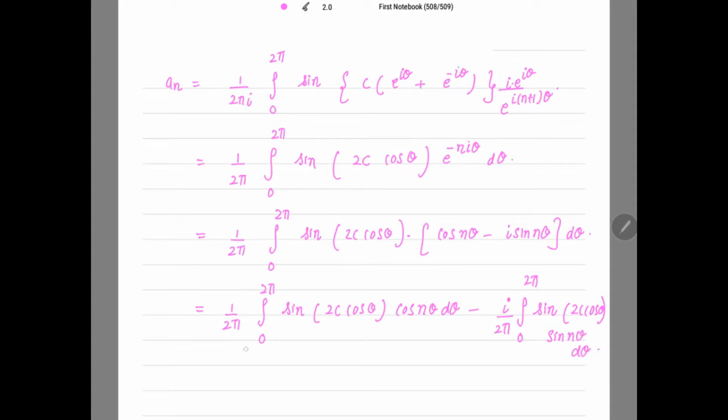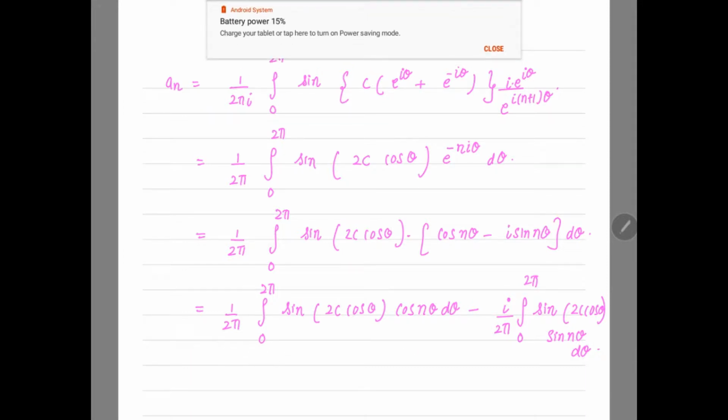Now I need only this first integral, the second should be 0.